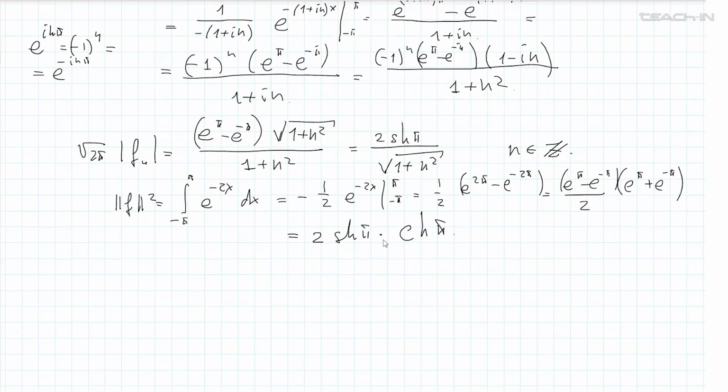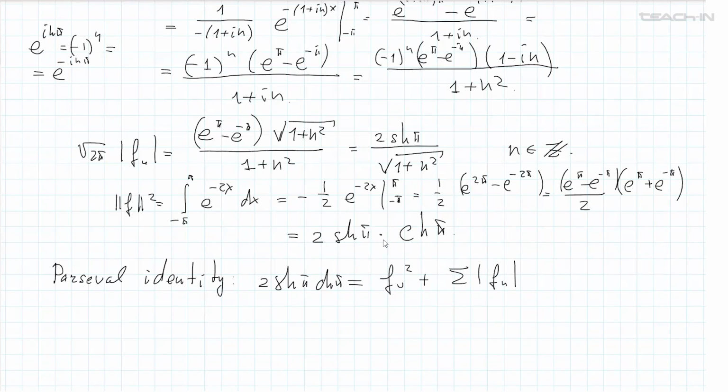So let's write the Parseval identity. F0 squared plus two squares.